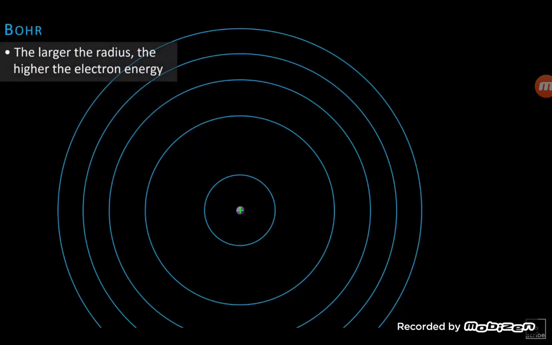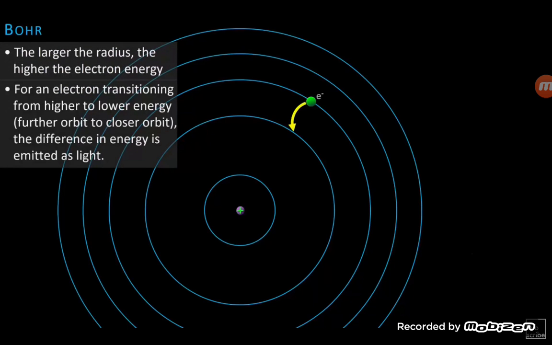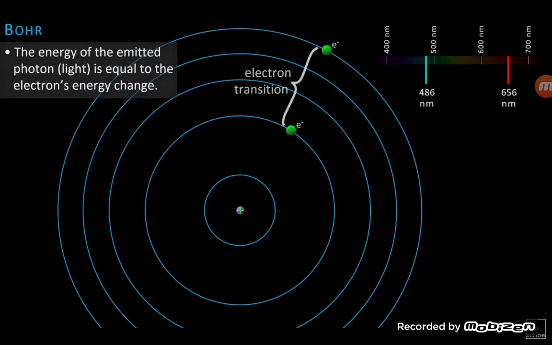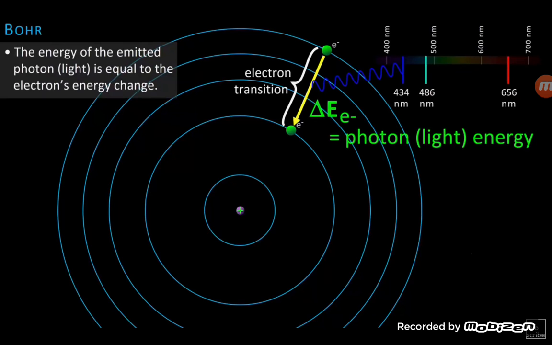Bohr stated that electrons transitioning from higher to lower energies emit specific colors of light. We can see here that the larger the transition, the higher the photon energy, and the photon's energy is equal to the electron's change in energy. The electron transitions from a higher to a lower energy, and the difference is equal to the light energy emitted.